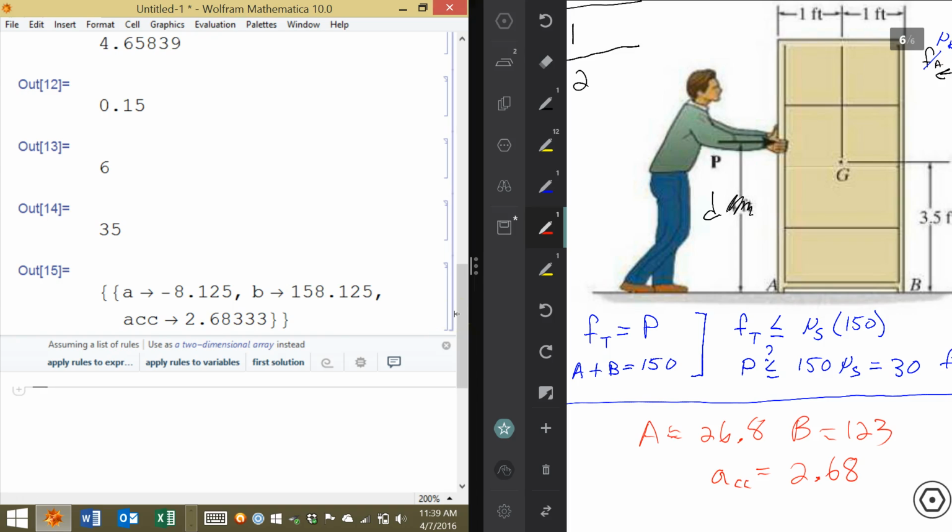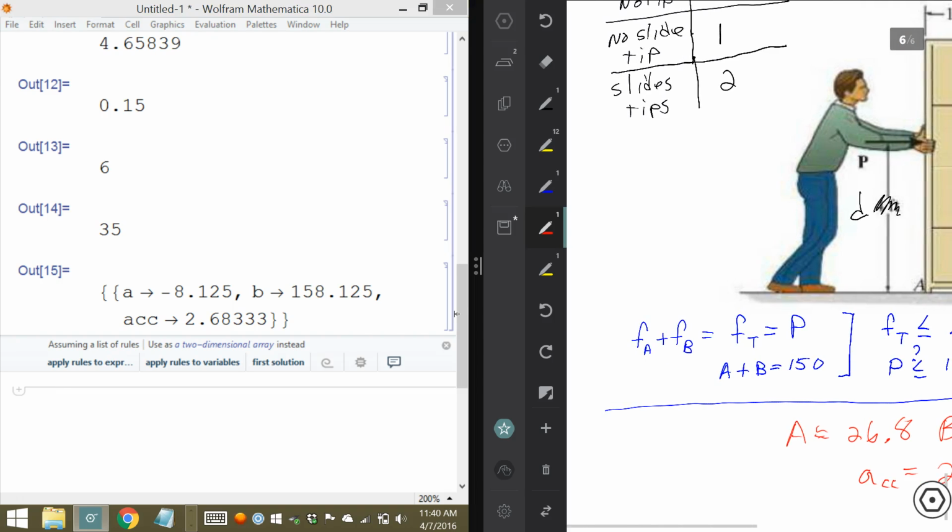Now, what you can see here is that the normal force under A is actually -8. What this means is if it is not going to tip like my assumption, then A has to actually be pulling down with 8 pounds. Clearly the floor can't pull down on the leg, and so therefore the thing is tipping. That's how I would know that this assumption of slip and no tip is either true or false.